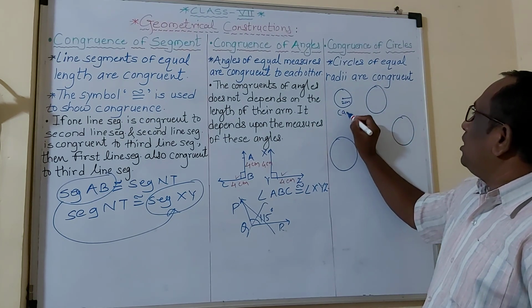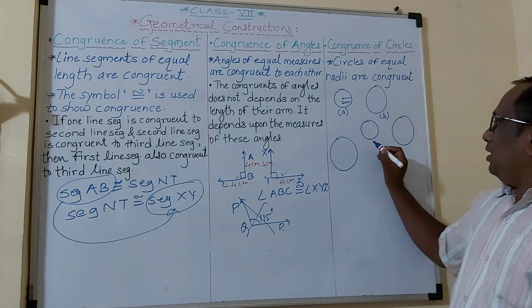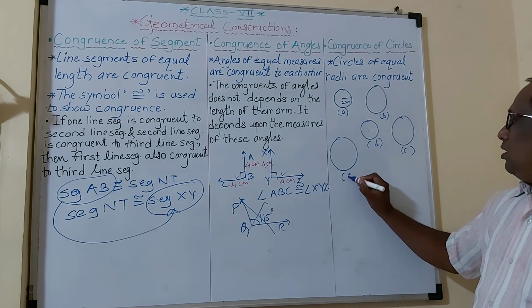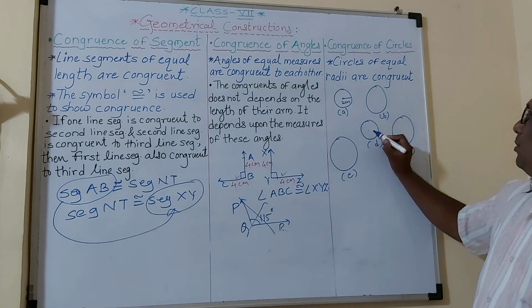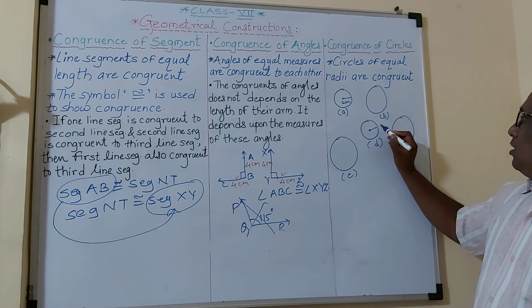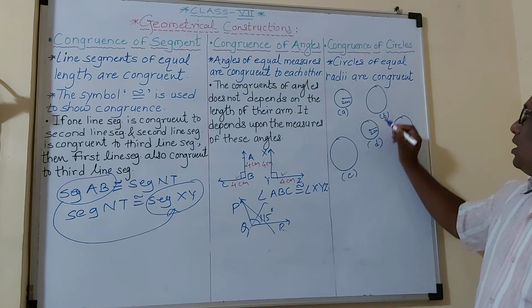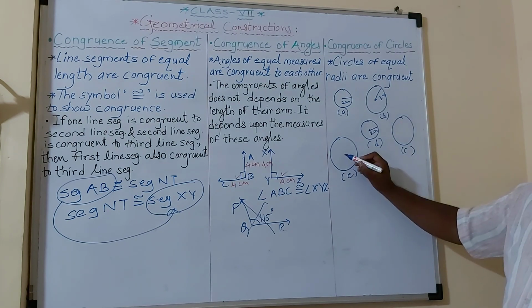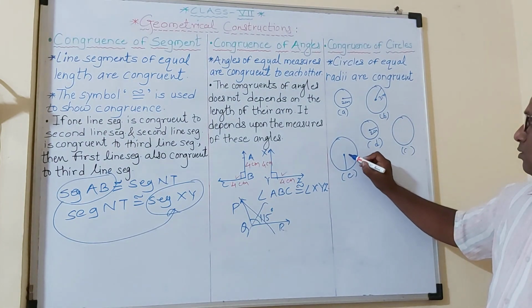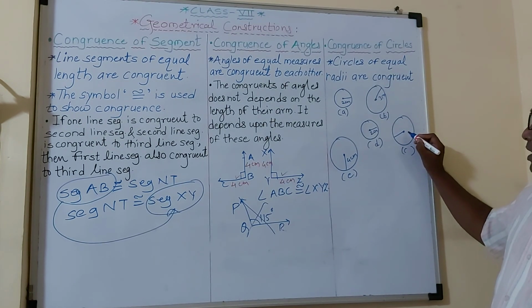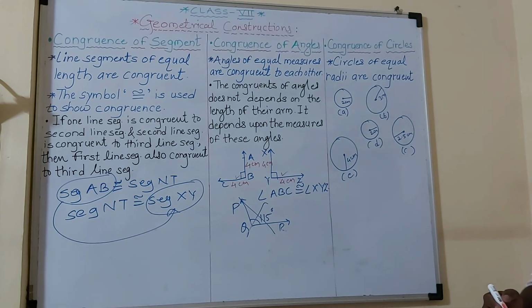I will name them A, B, C, D, E. This is 2 centimeter, this is 2 centimeter, this will be 3 centimeter, this 4 centimeter, and this radius is 2.5 centimeter.